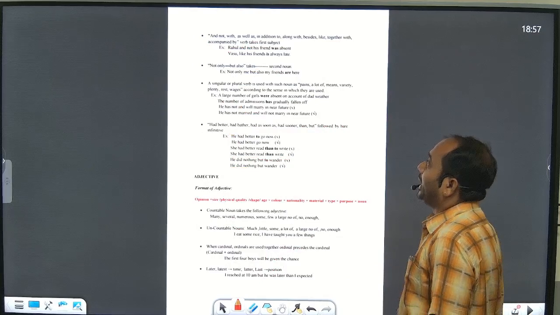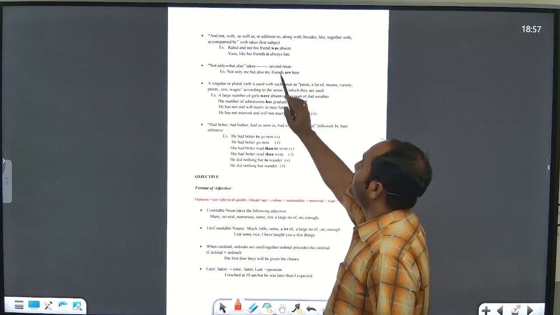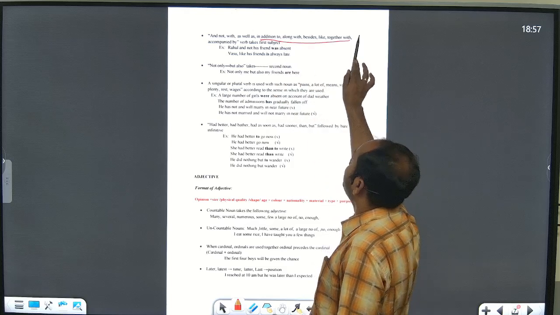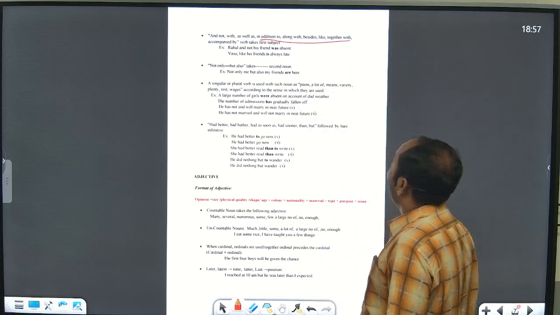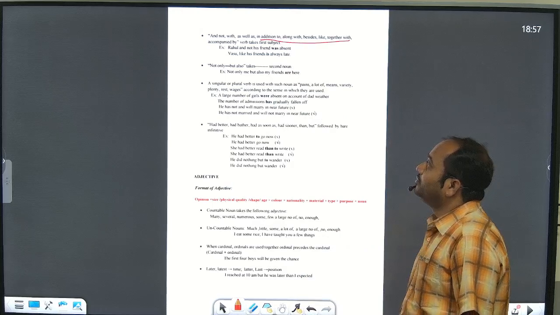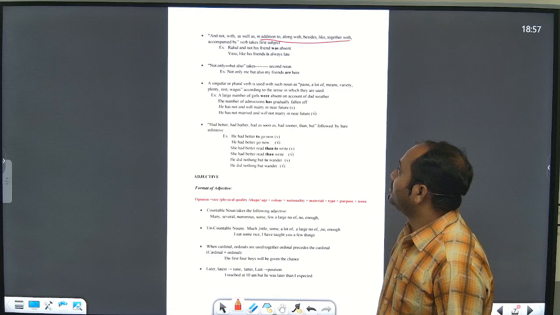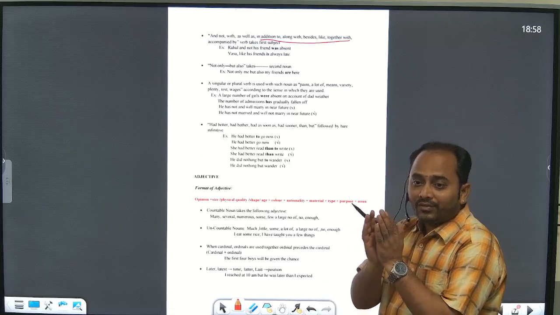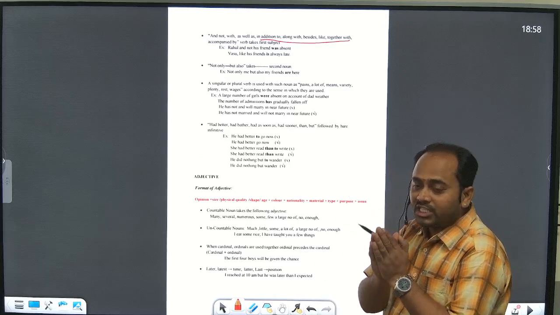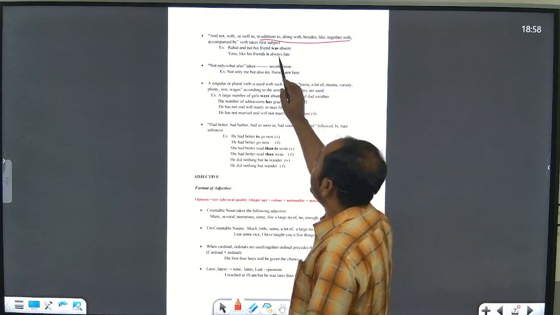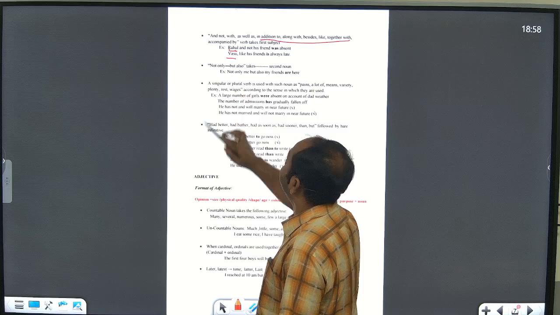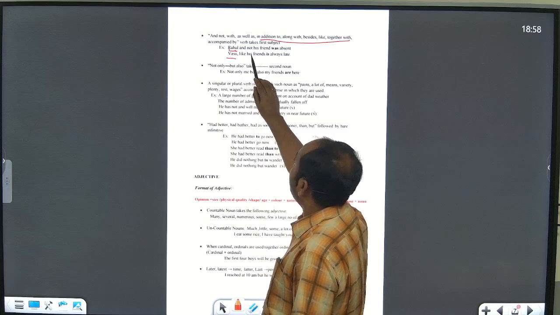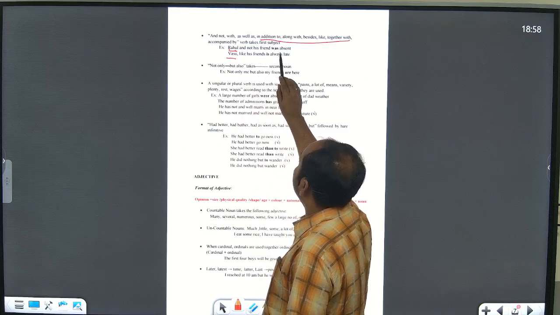Next, and not, with, as well as, in addition to, along with, besides, like, together with, accompanied by. If you have these words in the sentence, generally they consider the first subject only. Rahul and not his friends was absent.